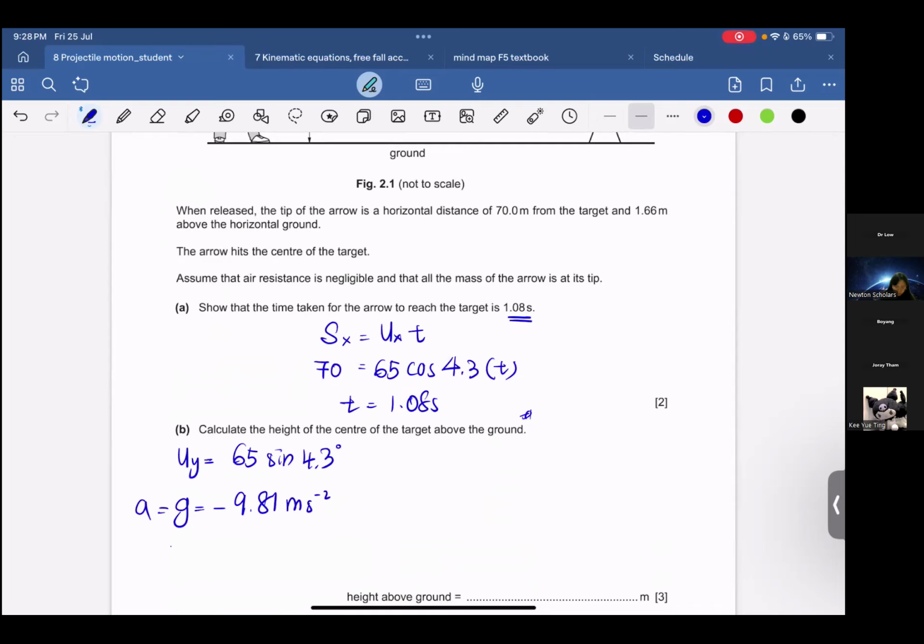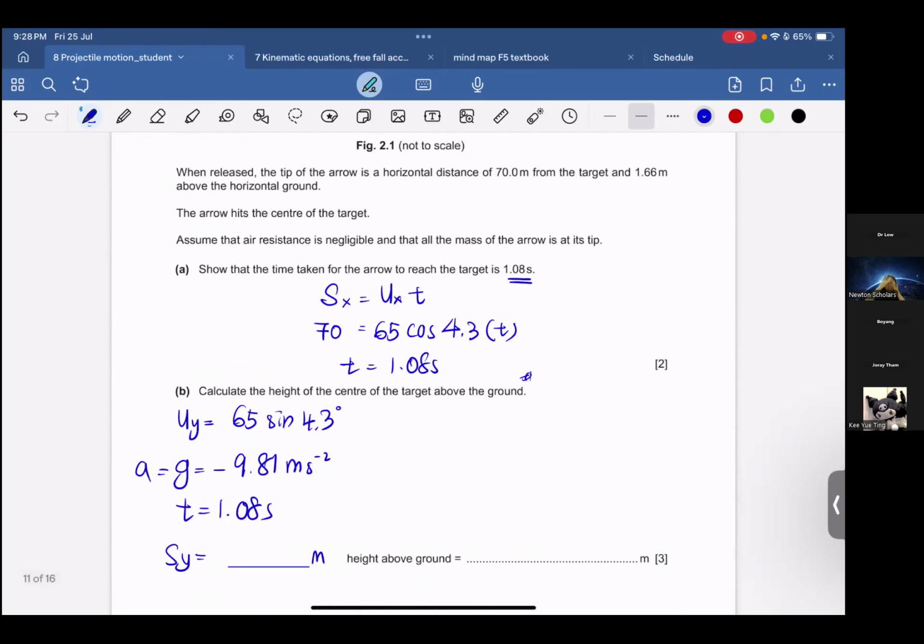Then your SY we don't know, but the time we know, 1.08 second. I want you to find the SY first. Then after that we think about where this SY is from. Count the SY for me first.